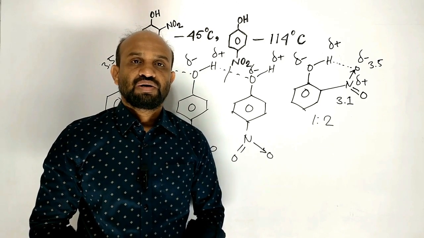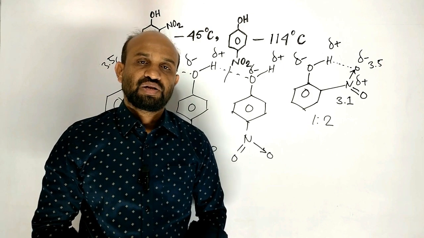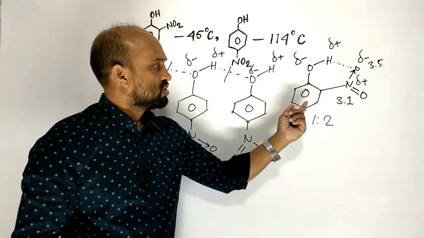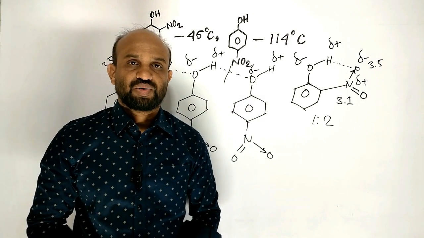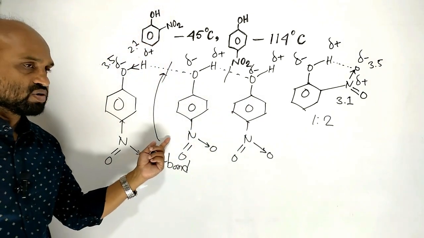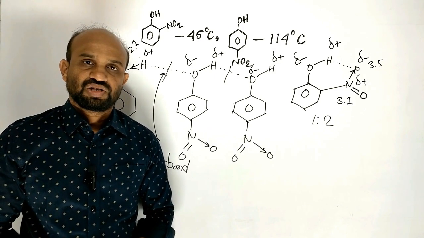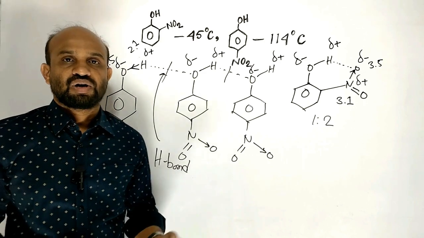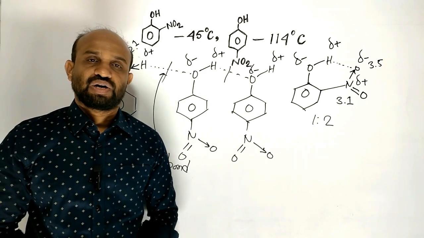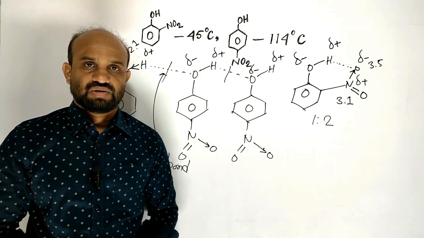Because of the very weak intermolecular attraction force, the melting point of orthonitrophenol is only 45 degrees Celsius, but in the case of paranitrophenol, intermolecular hydrogen bond is present. That is why in paranitrophenol, high temperature is required to melt it, that is 114 degrees Celsius.